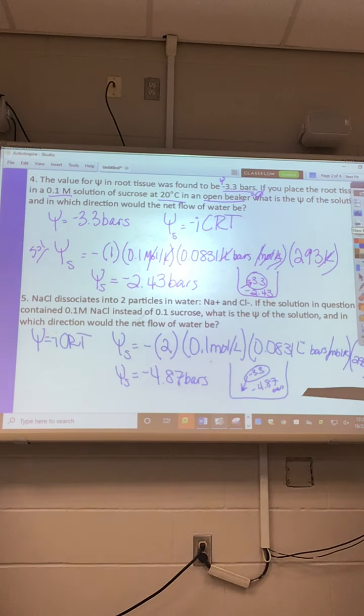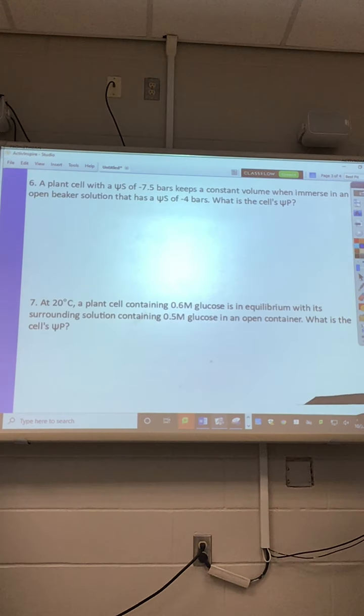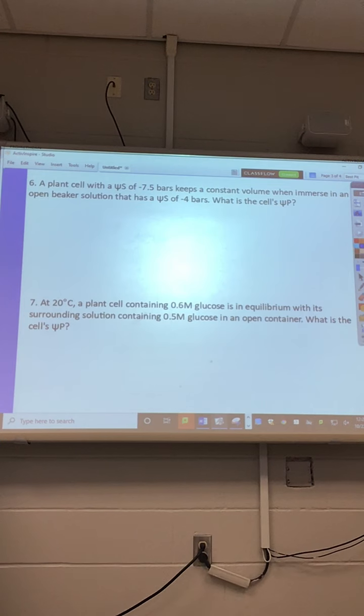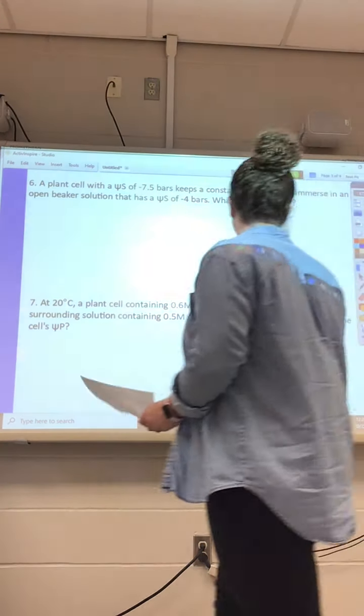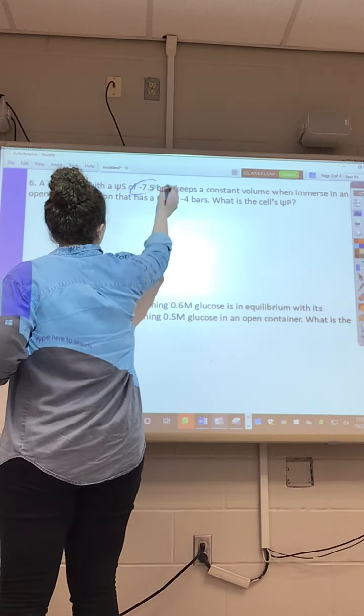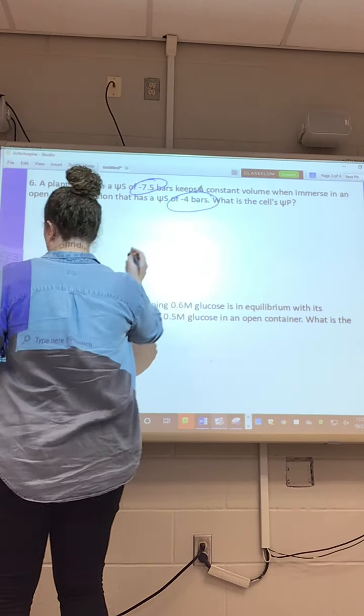Now we're going to do number 6. A plant cell with a solute potential of negative 7.5 bars keeps a constant volume when immersed in an open beaker solution that has a solute potential of negative 4 bars. What is the cell's pressure potential? So the way we find that is because it's at a constant volume, you're just going to find the difference between negative 7.5 and negative 4.